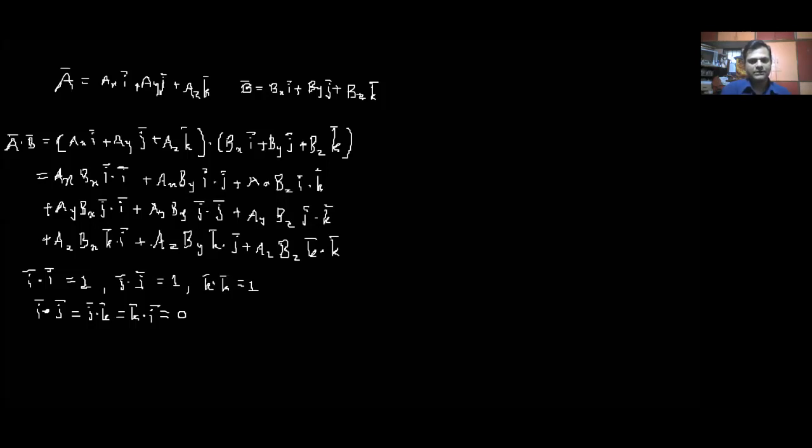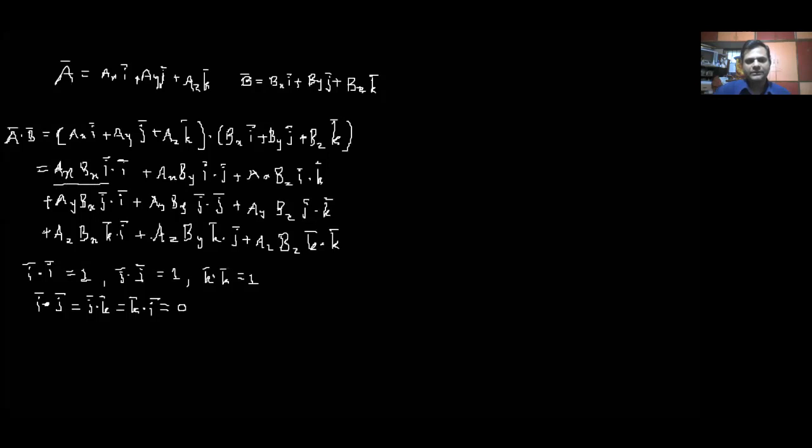So i bar dot i bar, all the rest of them are 0. So here we can see clearly that this term will be left, this term will also be left, and at the same time this term will be left as it is. All the rest of the terms are going to become 0.